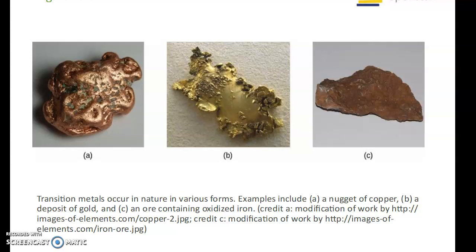And gold is down at 72. Silver is at 65. So there are a lot of other ones that are much more prevalent. But there's a fairly limited supply of gold, and gold has been a standard measure of wealth for centuries.